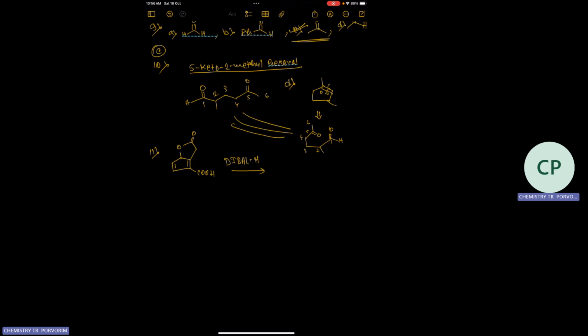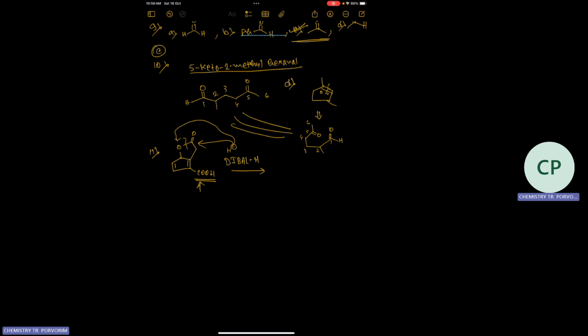The work of DIBAL-H is basically as a hydride donor. It can donate H minus. In that case, it can reduce this and it can also reduce the other group. It donates H minus at this position, and also this position.